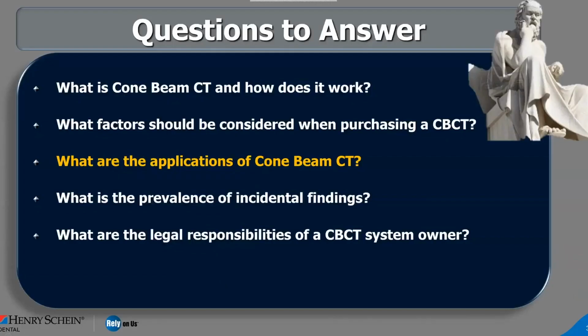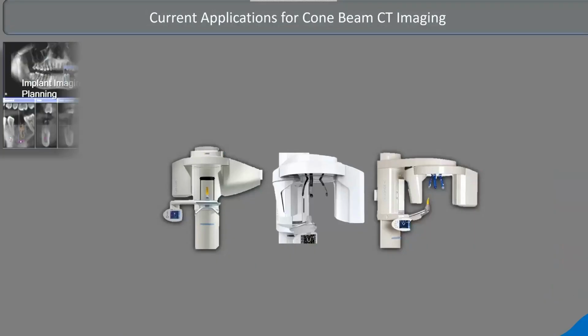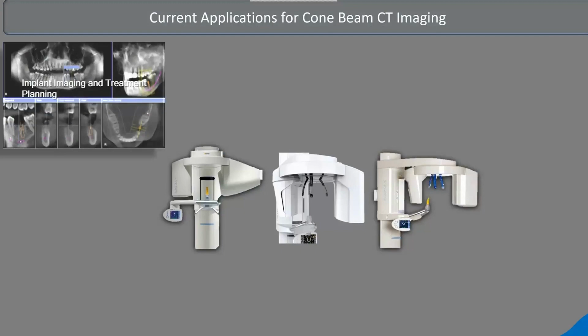All right, what are the applications for cone beam CT? Well, there's many applications. By far, the driving force behind all of this technology coming into dentistry was implant imaging and treatment planning. So those first papers that came out by Mozo in 1998 discussing an Italian unit were pretty phenomenal.